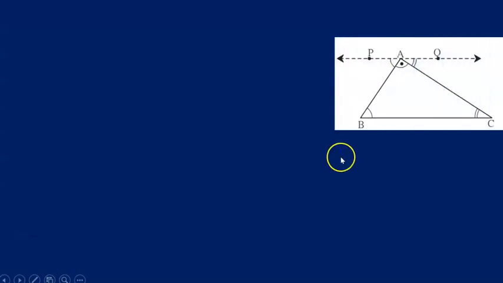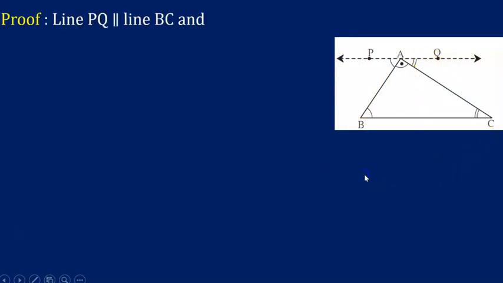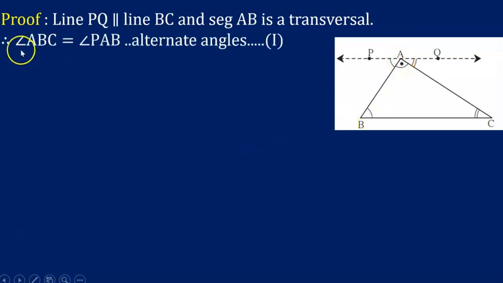Now see this figure. We have drawn the line PQ which is parallel to BC. Line PQ is parallel to BC and segment AB is a transversal. Angle ABC is congruent to angle PAB, or angle ABC is equal to angle PAB.